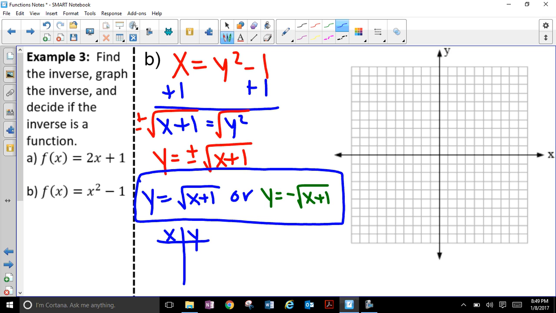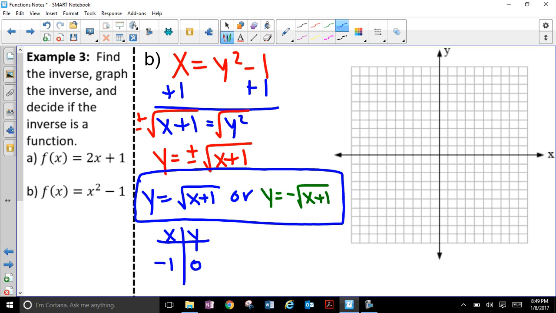So this is going to be at -1. And then there's nothing after the radical, so its vertex is at -1, 0, because it's opposite of what's under the radical for your x, and then there's nothing after the radical, so that's your 0.